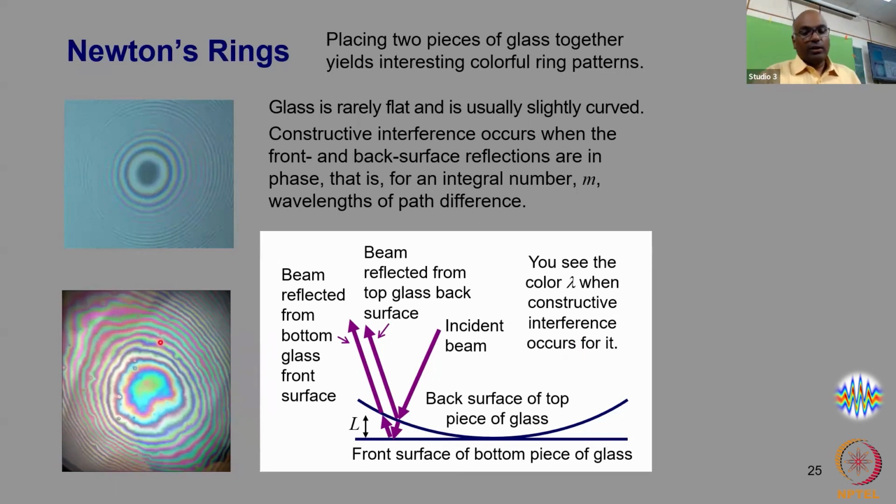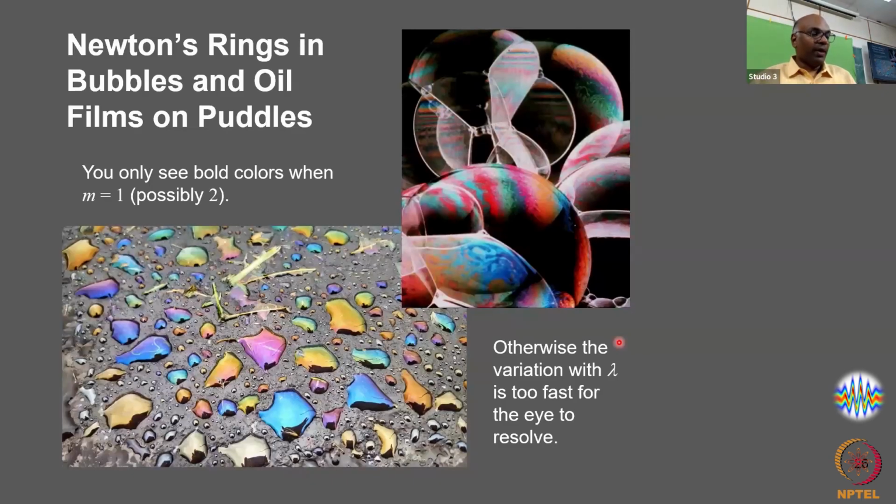This is a matter of detailed calculation, which we are not going to do, but you can find a lot of material, I'm sure, on the open internet to convince yourself of this, or in the optics textbooks that we have referred to. But then you don't even need to set up an idealized laboratory experiment for this. You can instead simply observe this carefully. If you look carefully enough at oil puddles where you have oil water interface films, or you have soap bubbles.